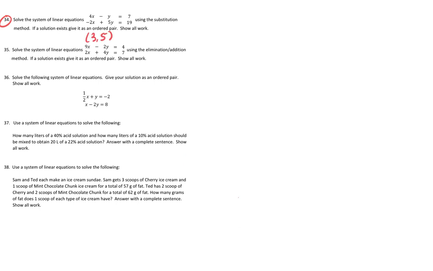Solve the system of linear equations using the elimination/addition method. If a solution exists, give it as an ordered pair, show all work. So 9x minus 2y is equal to 4, and 2x plus 4y is equal to 7.